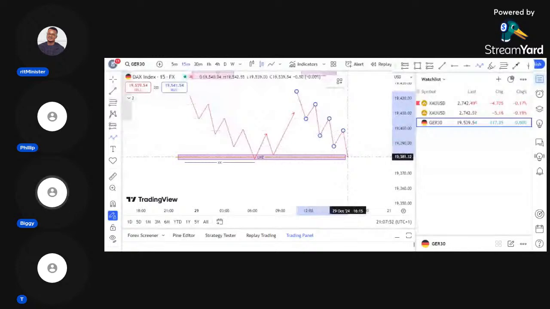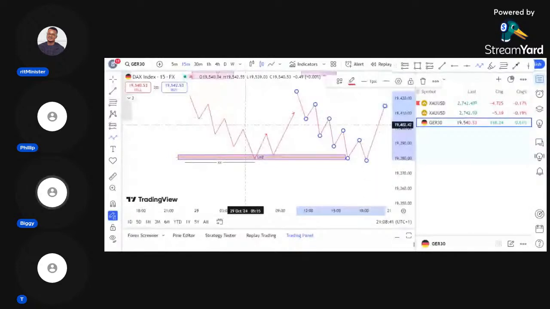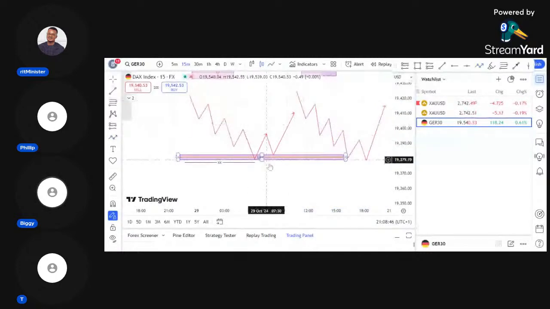The price is somewhere here like this. Can now look for a buy. That's how I take my trades on LMZ zones and then the 4 hour zone.